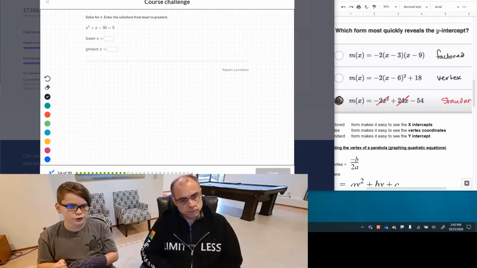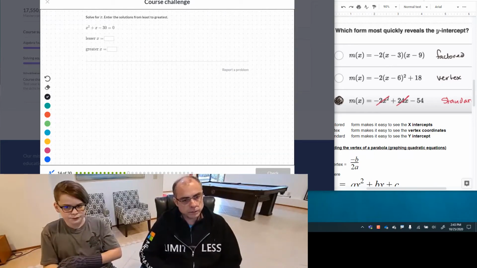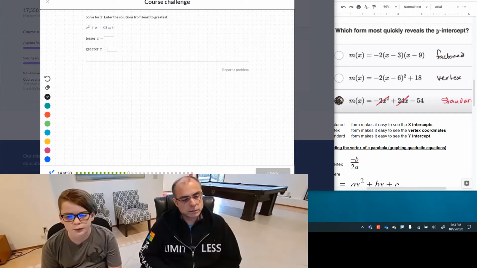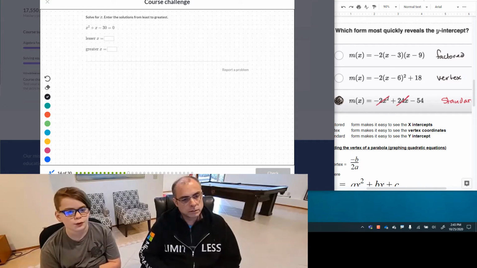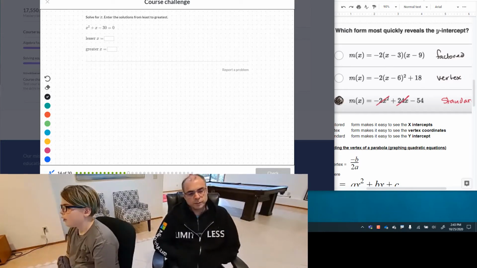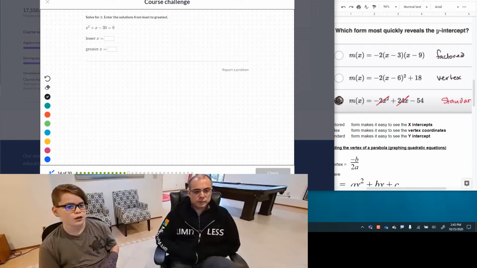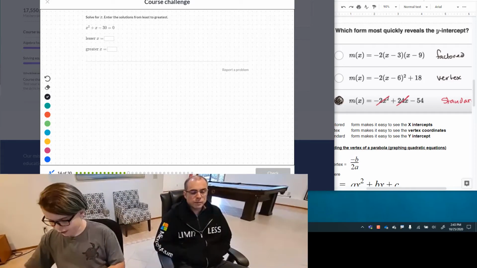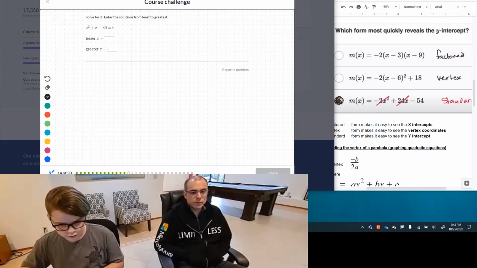Solve for x, enter solutions from least to greatest. Okay, so it's in standard form, so we just need to put it into factored form. Can we do A and B? Yeah, you can try. Negative 5 and 6. Five's positive, next 6 is negative.